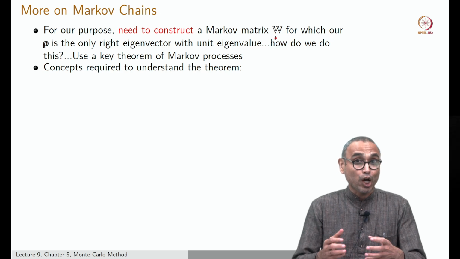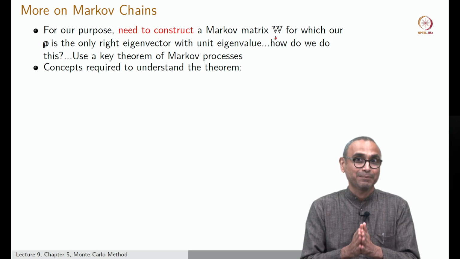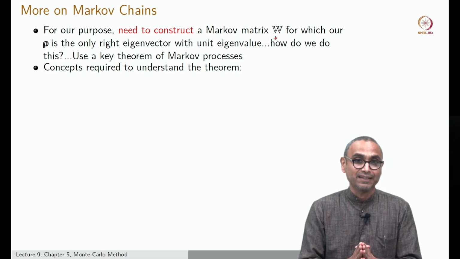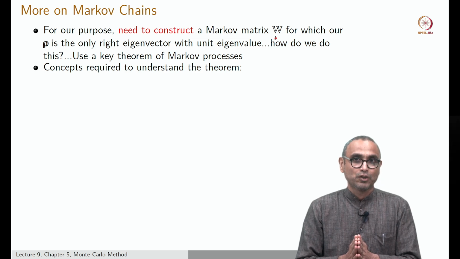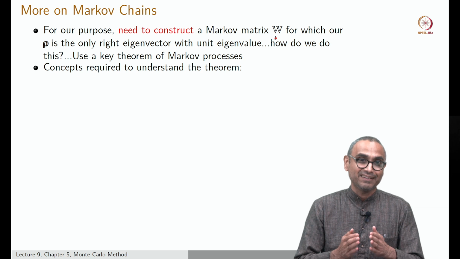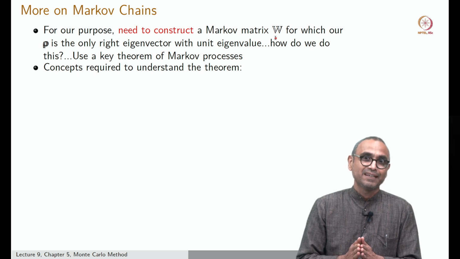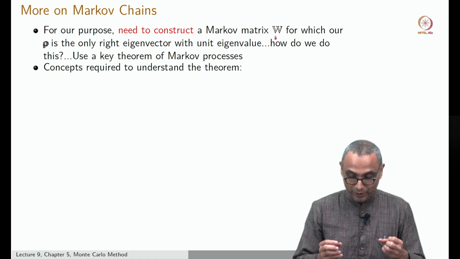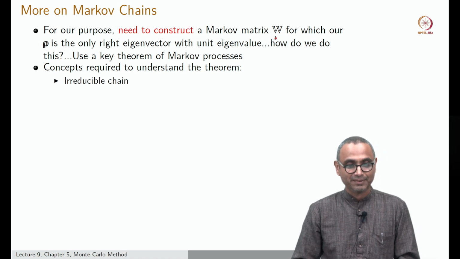So we need a few concepts to understand the theorem itself, and those concepts are extremely crucial for us to construct a sound Monte Carlo algorithm. Even if we are not going to be formally detailed about this, we will certainly want to understand the conceptual foundation of these ideas.